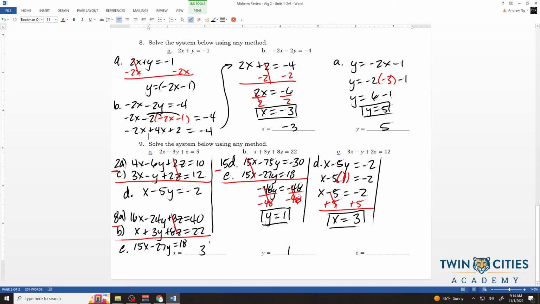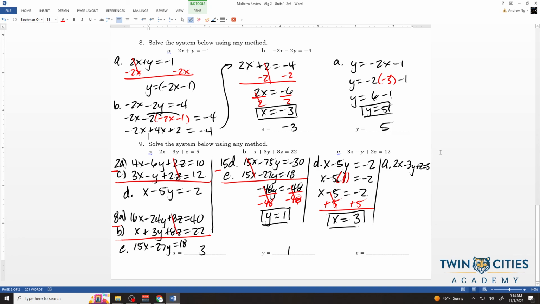Lastly, now that I know x is 3 and y is 1, I can take these and plug them into one of my original equations, A, B, or C, to find the last variable, z. So I think B is going to be easiest. No, A is going to be easiest. So let's plug into A. A is 2x minus 3y plus z is equal to 5.